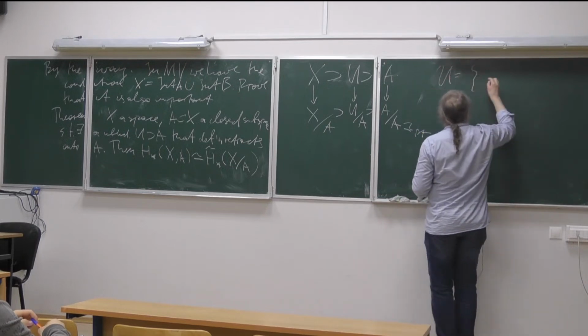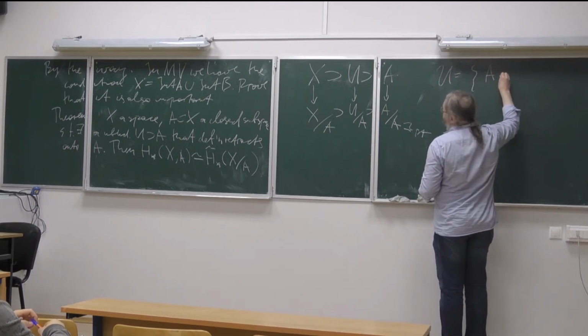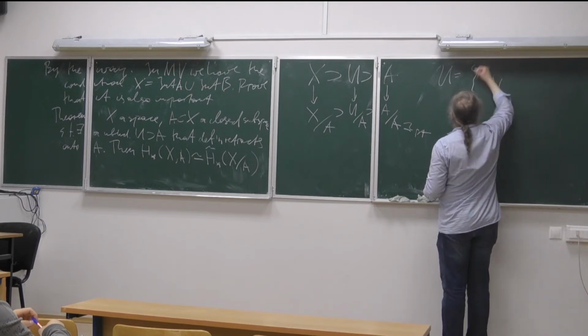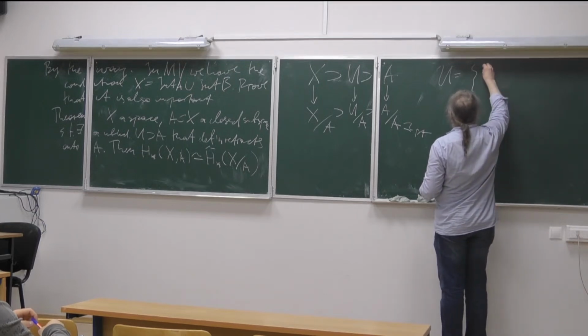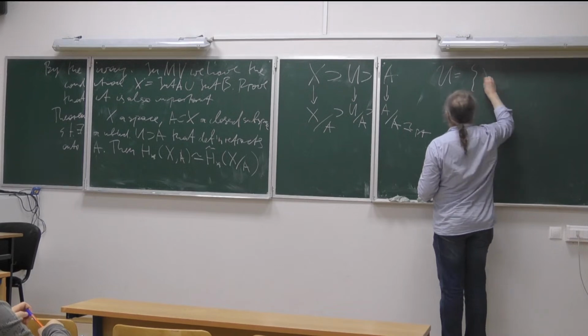A is assumed to be closed, so X minus A is open.